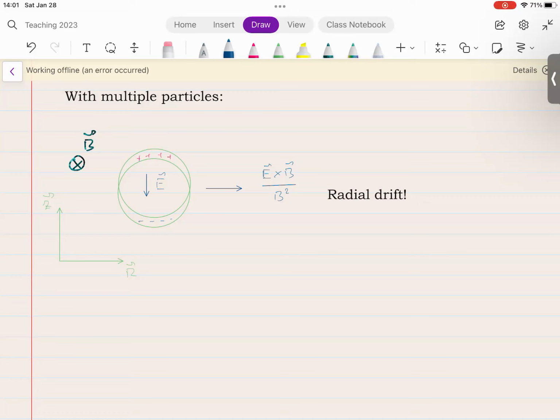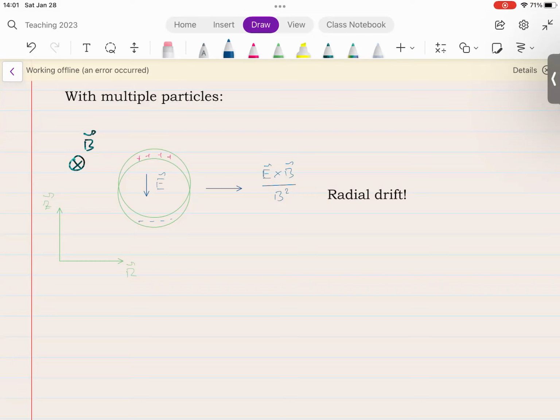So if you've ever wondered why stellarators, why does CTH look like a pretzel designed by a cubist painter? Well, here's why. To avoid this problem.